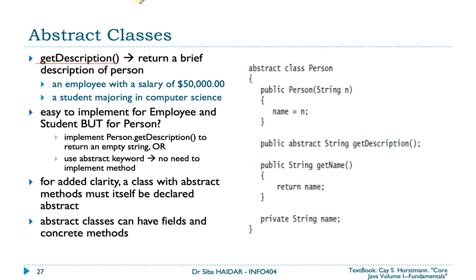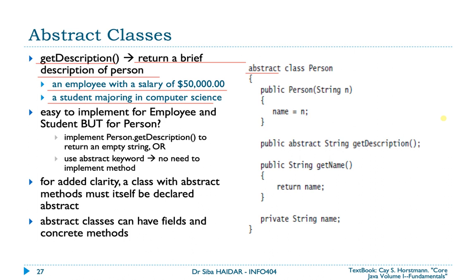So now, since we didn't mention yet the toString method of the class Object, suppose the getDescription will return a brief description of the person. If this person is an employee, it must say, for example, an employee with a salary of this much. If this is a student, it must say a student majoring in this major, etc.